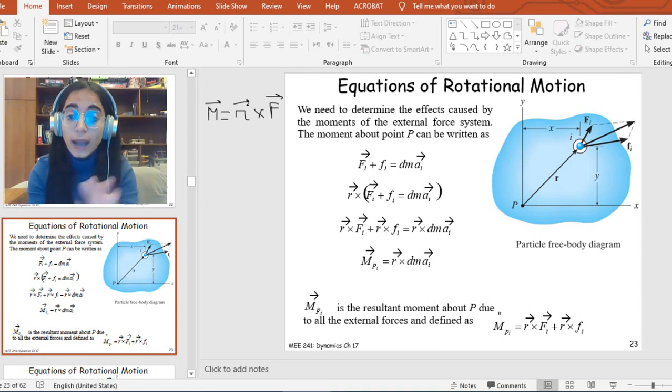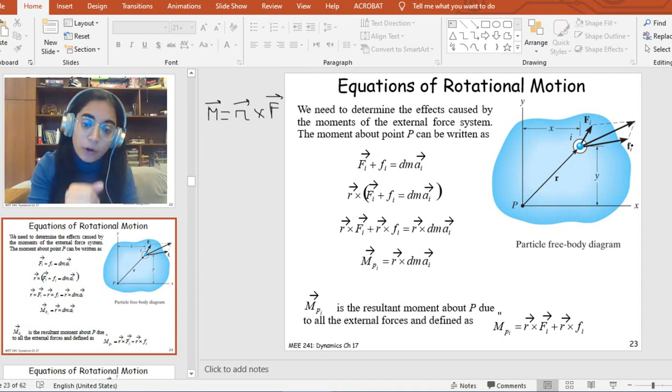Now, if I have a dm here, which is a differential mass of the entire mass, and this dm is far from P by a distance of r, then the forces exerted on this dm will include some external forces represented by big F and some internal forces represented by small f. And these internal forces are the forces exerted by other dm on this dm, right?